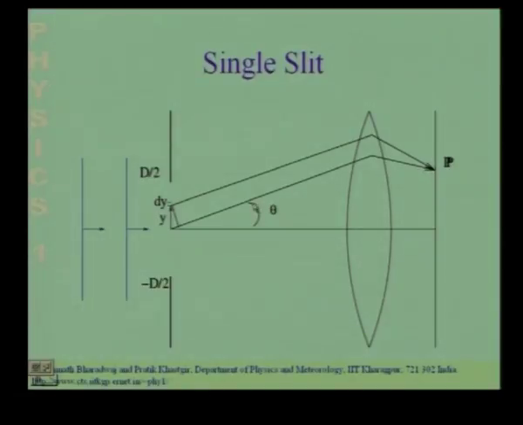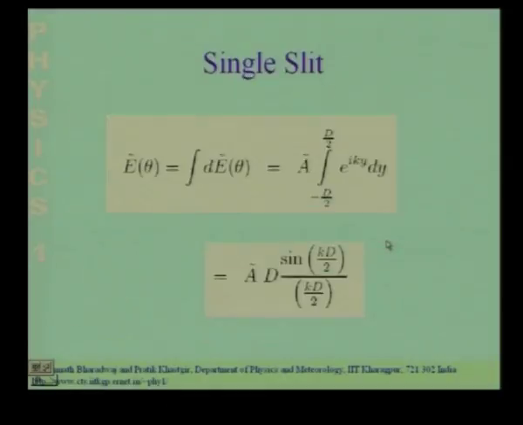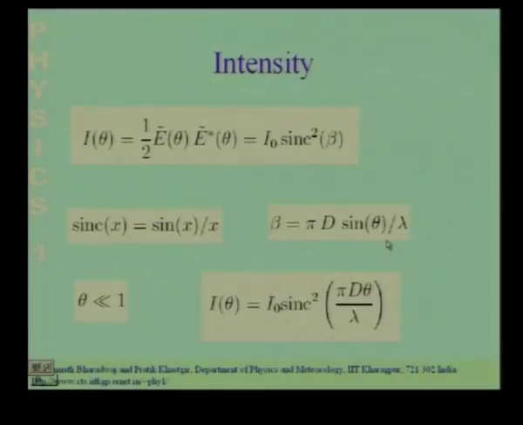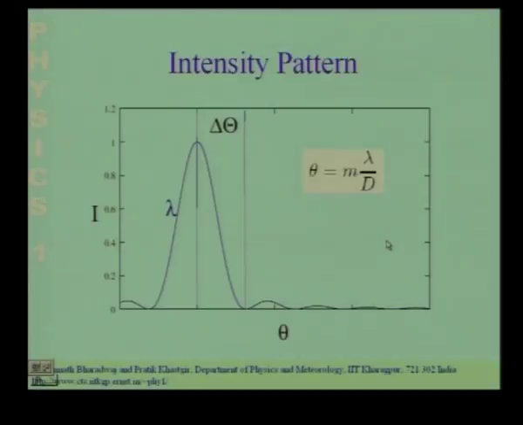So, the intensity corresponding to a certain value of theta you will get at a particular point over here. Theta equal to 0 would correspond to the center. As you increase theta, the point would move up, and you would get that intensity pattern which I just worked out on the screen over there. So, the intensity pattern looks like this.